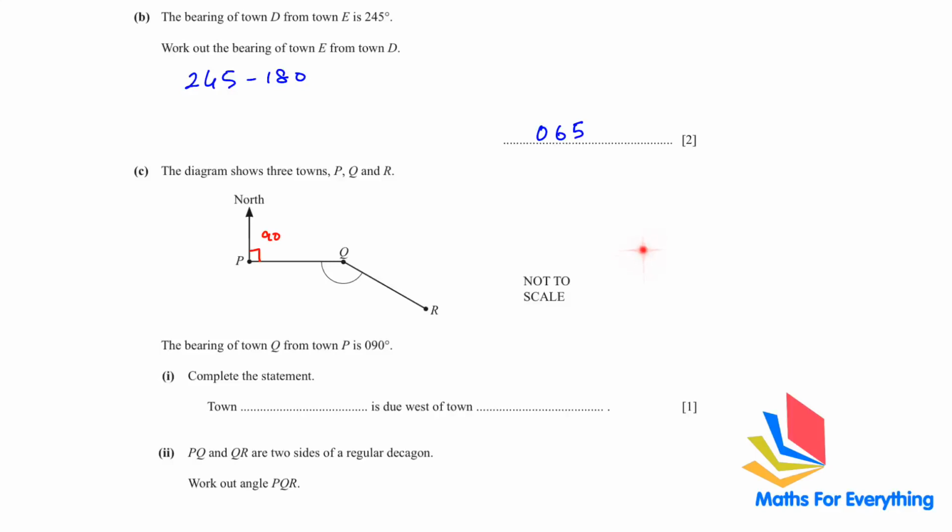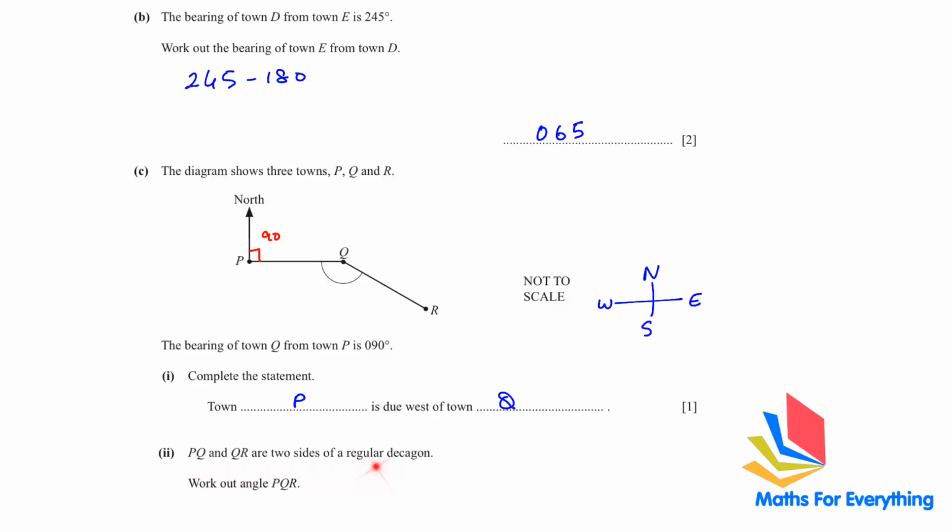I hope you know this is north, south, east, and west. So which town is west of which town? You can see here that P is west of Q. That's our answer. Town P is due west of town Q.